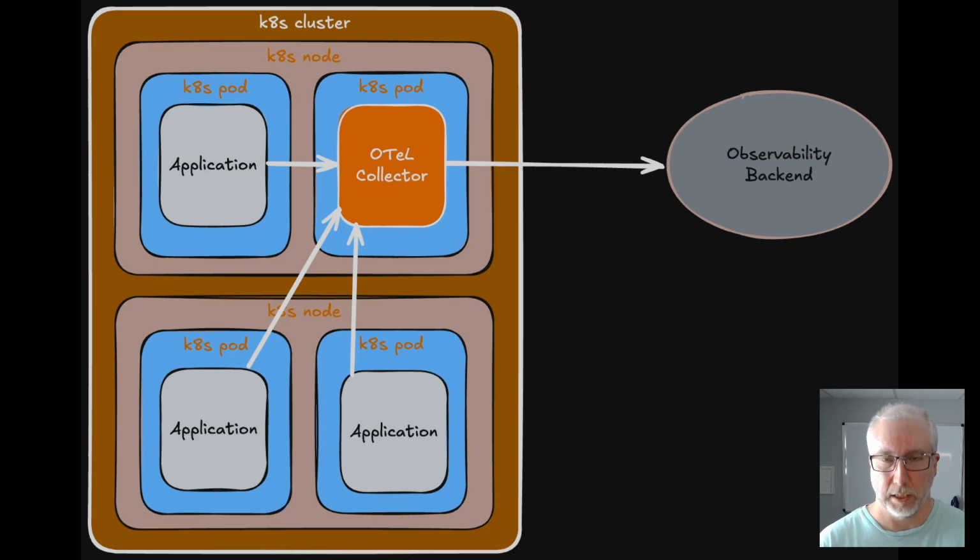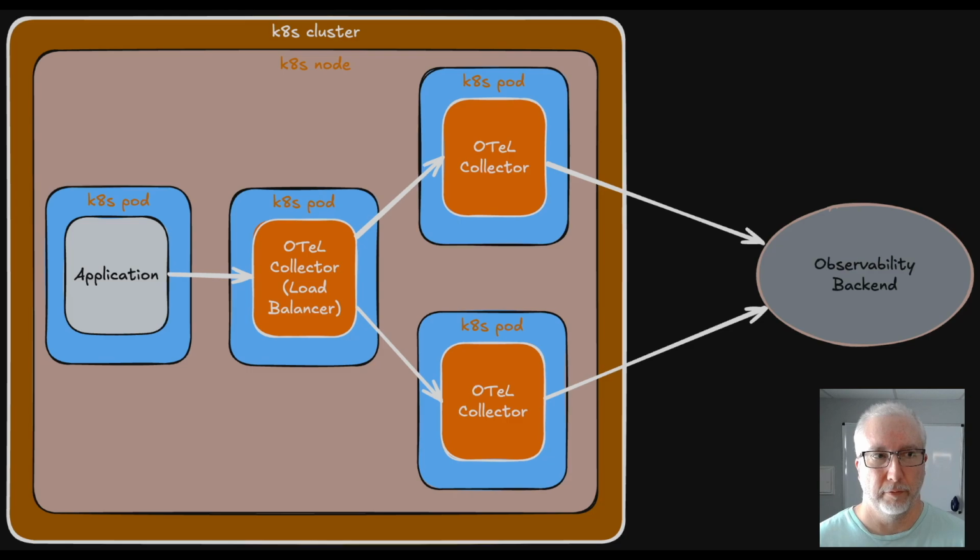And lastly, we have an option of a layered pattern, where we have two layers of collectors within our cluster. This pattern is useful for use cases where we want to process similar data in a specific group of collector instances every time.